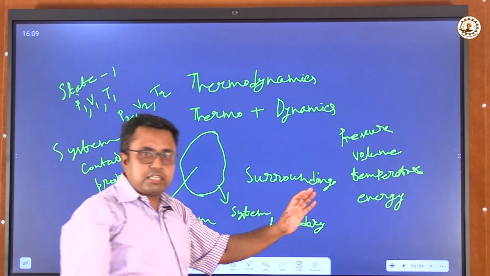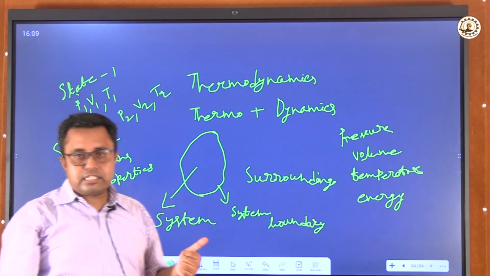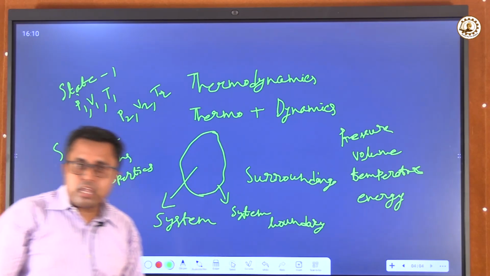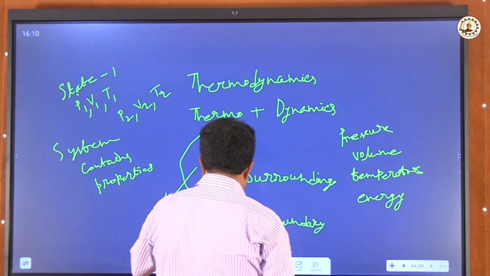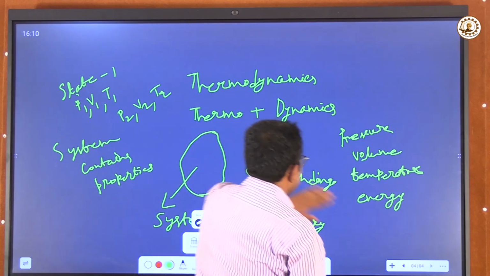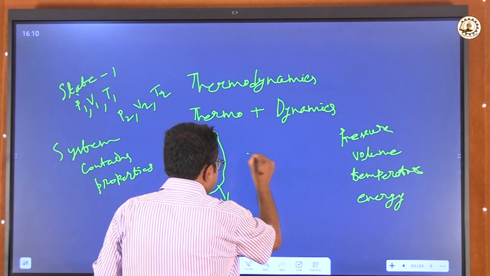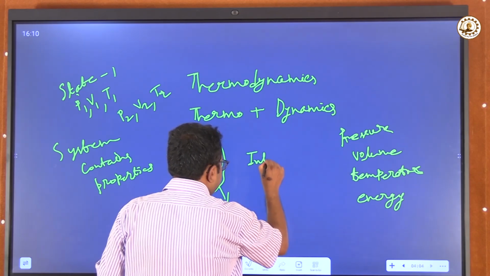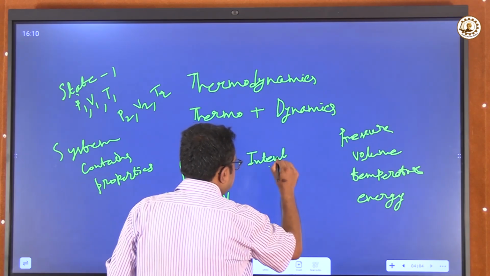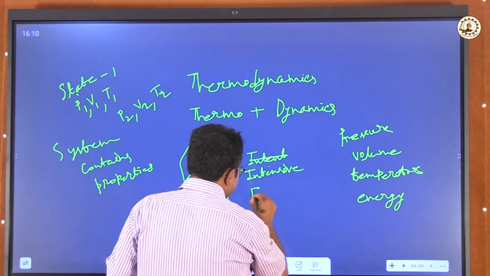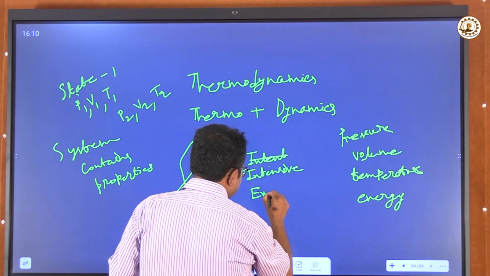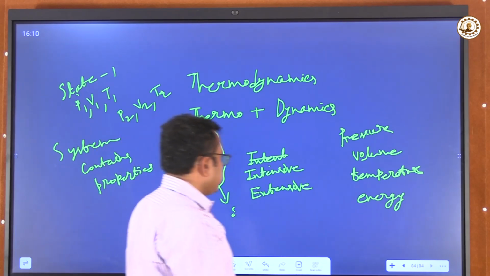And these properties are of two kinds: one is extensive property, one is intensive property. Just list these things first. Intensive and extensive, two kinds of property. What is intensive? What is extensive?